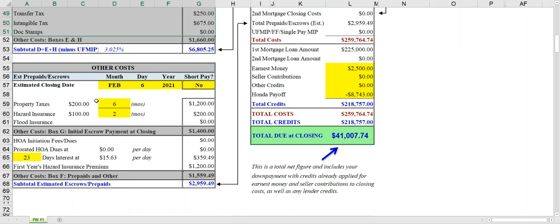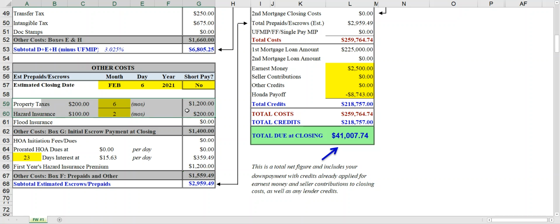Government and state fees are based on the transaction, sales price specifically, and again, I don't have any influence over these. Just got a placeholder here for estimated closing date for 30 days from today. You will indicate the closing date on the sales contract, and I'll update this accordingly. We do have to start a new escrow account. So this is an estimate based on the sales price of what your property taxes would be monthly and hazard insurance and what that initial deposit into the escrow account would be.